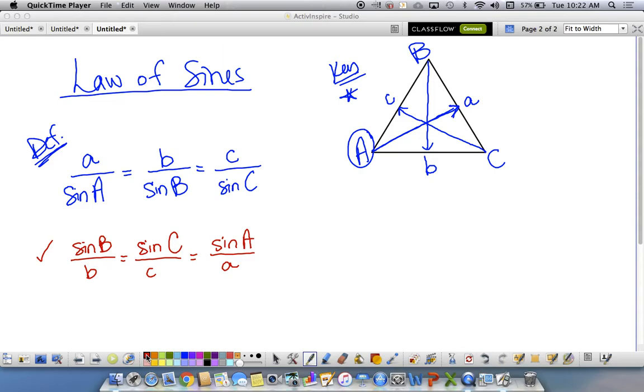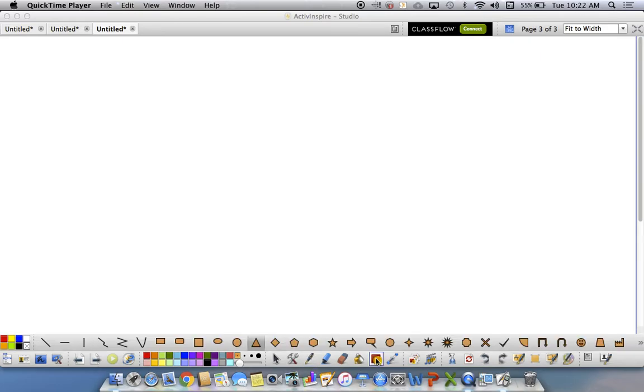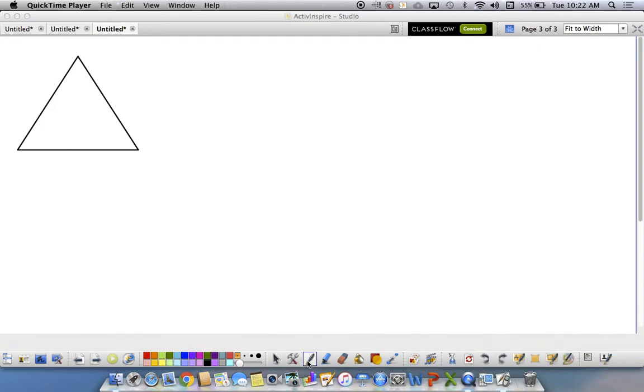Let's go ahead and work one problem. So I'm most of the time going to draw out my triangles. If I draw them out, they won't be to scale, so just go ahead and realize that. And then I'm going to look at example 1. Sometimes they'll just tell you, solve triangle ABC.